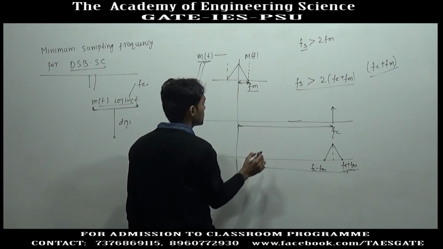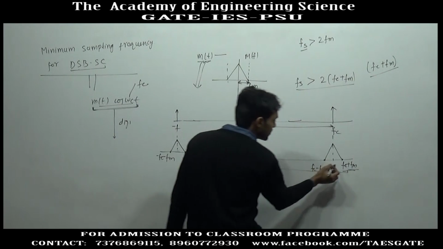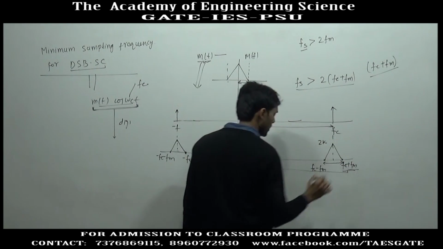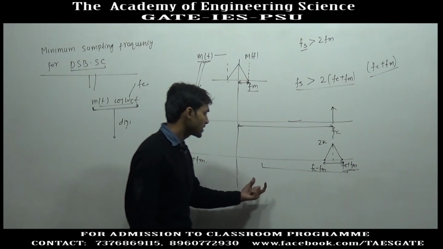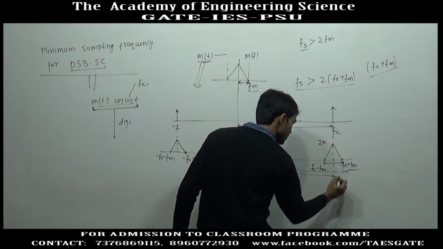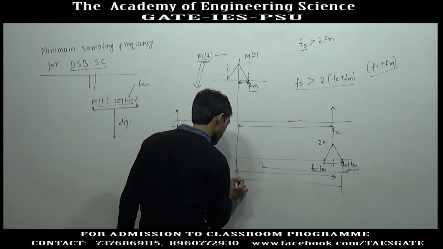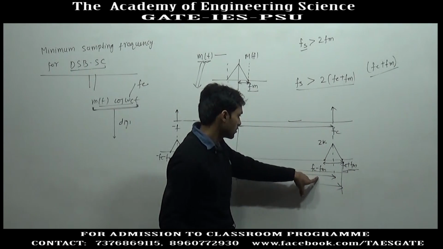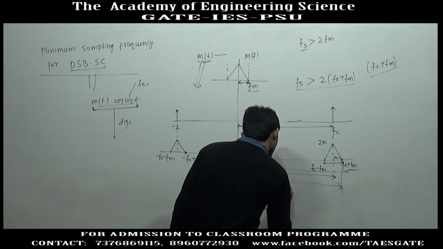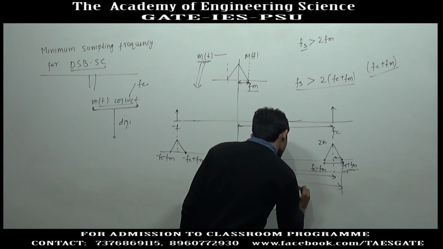Suppose this is 1 kilohertz. So, the bandwidth will be, this width is 2 kilohertz, and the carrier frequency is 1 megahertz. So, the maximum frequency content will be 1 megahertz, meaning 1000 kilohertz, and this length is 2 kilohertz. So, this will be 1002 kilohertz.